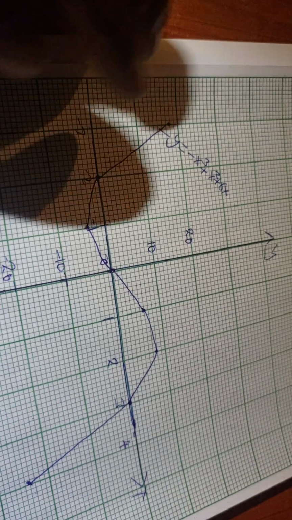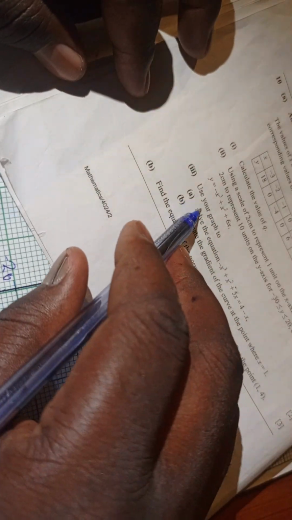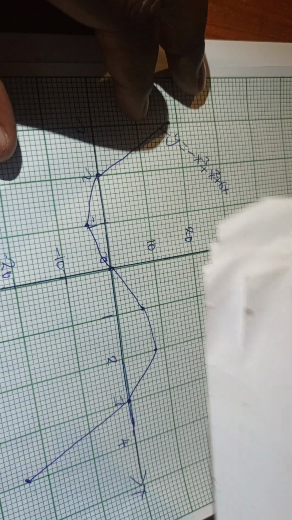This question is saying use your graph to solve the equation. So I'll write this equation here.